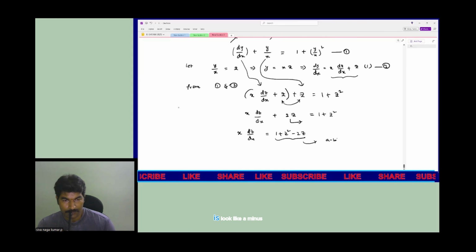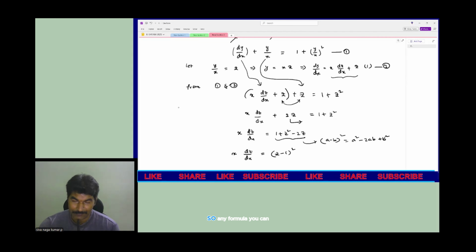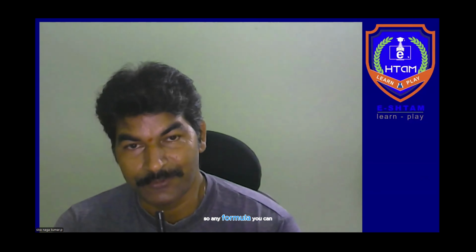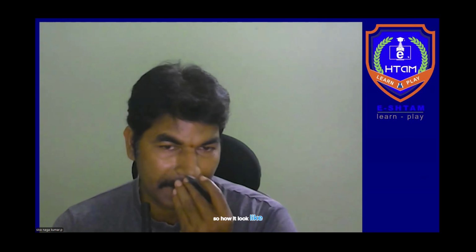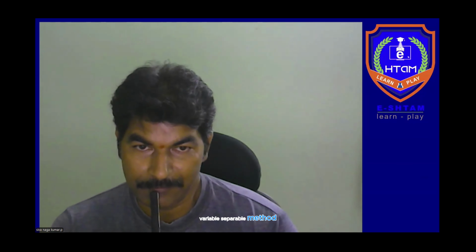How does it look? Like a minus b whole square, right? a square minus 2ab plus b square. So x into dz by dx is equal to, you can write, z minus 1 or 1 minus z whole square. Both are correct, so you can use any form, no problem, right? Now it looks like the variable separable method.